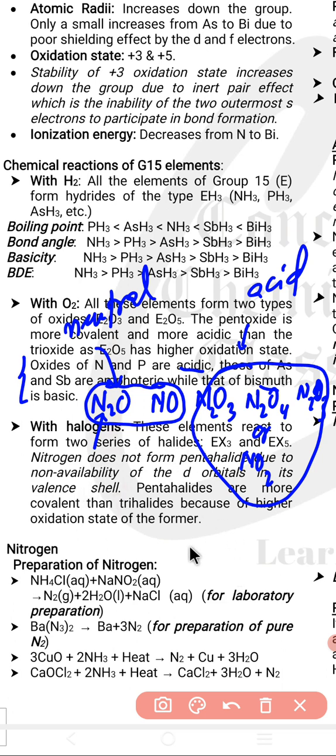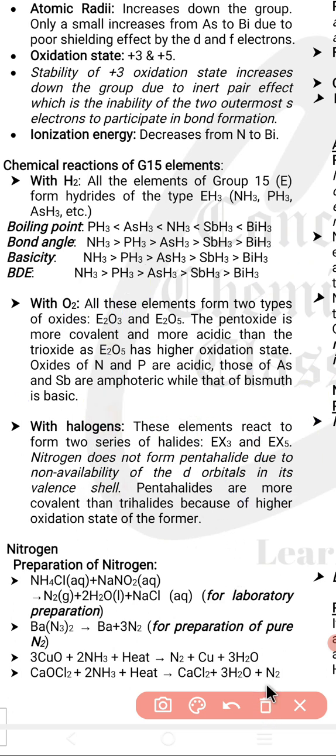Now let me go to the next property, that is reactivity of group 15 elements with halogens. With halogens they form two halides, that is EX3 and EX5. For example, PCl3 and PCl5.